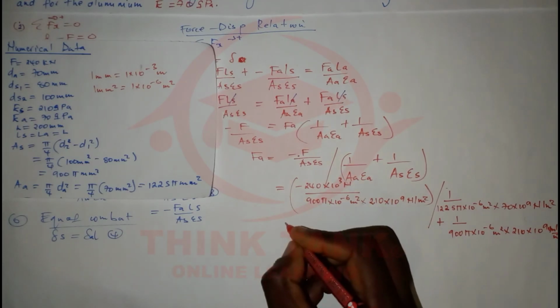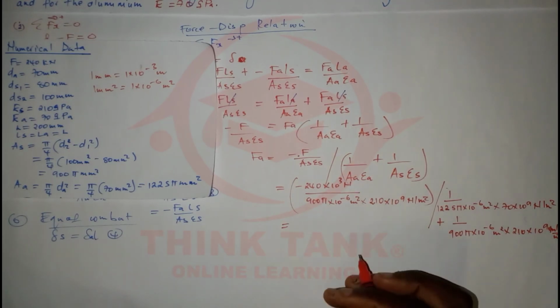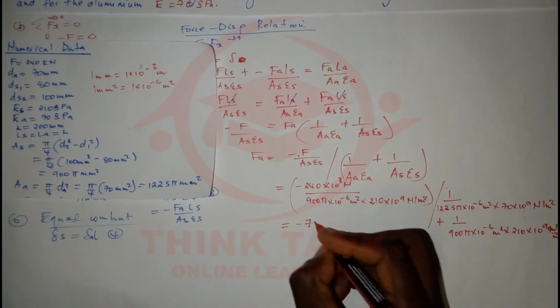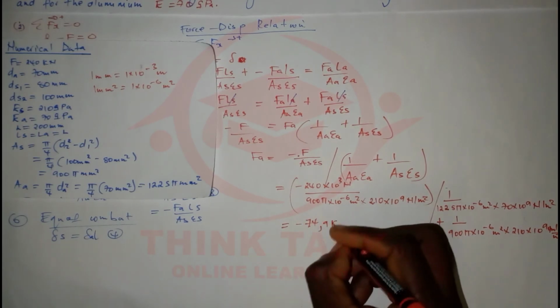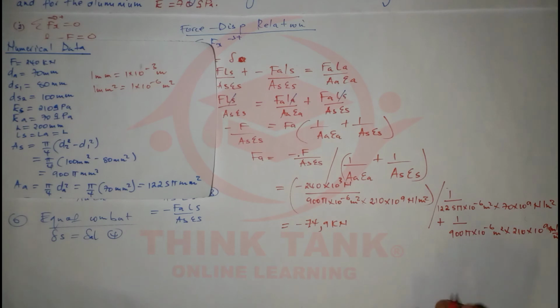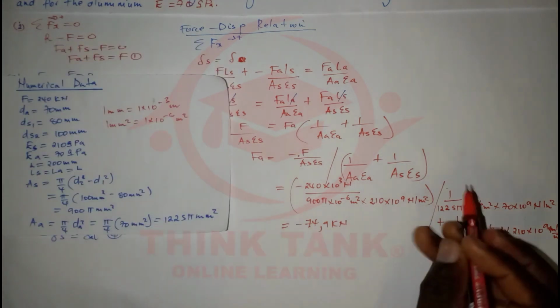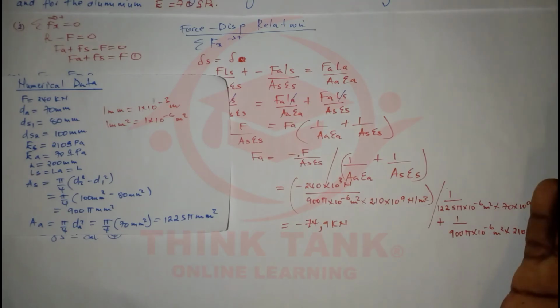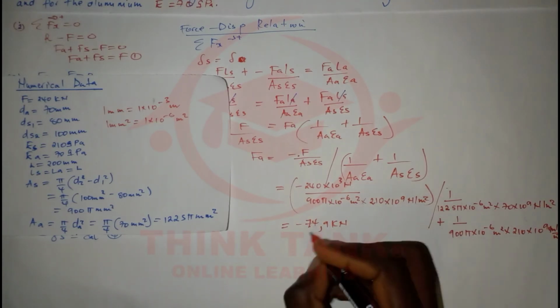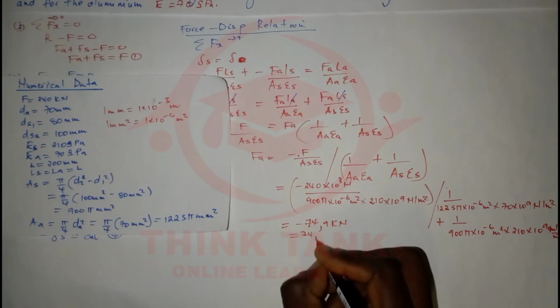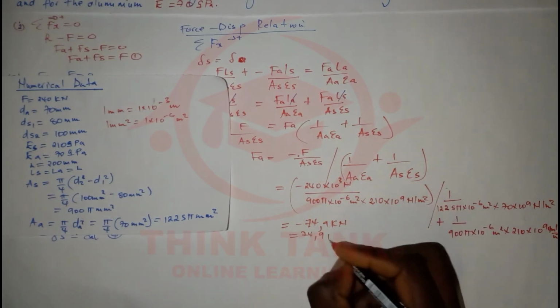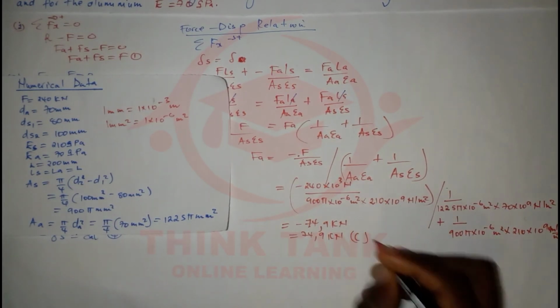If we solve here, we're going to get negative 74.9 kilonewtons. In mechanics, we resolve going from left to right, so a negative means that the force is 74.9 kilonewtons and it's compressive.